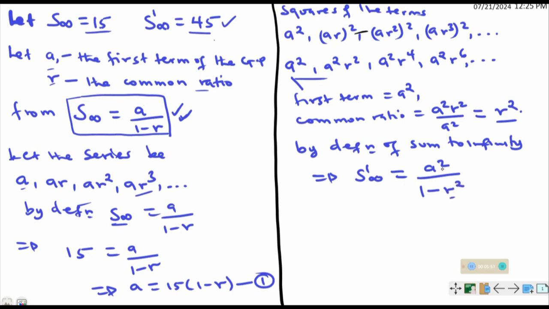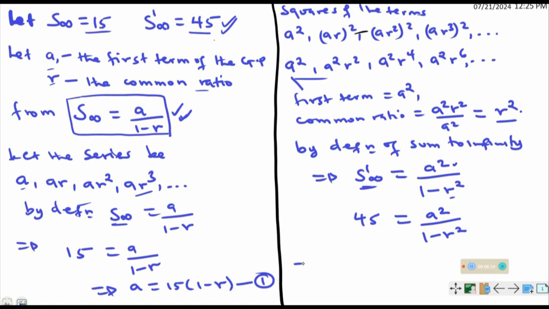So this is our common ratio, this is our first term. But we said that the sum to infinity for the squared terms will be S prime dash. So that's why we are using this. For this case, we already have 45 as S dash prime, from the given information. Then this will be the same as a squared upon 1 minus r squared.